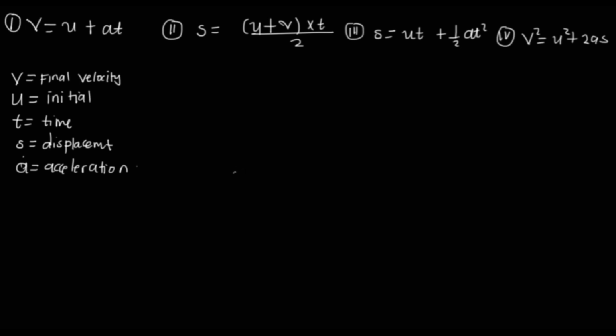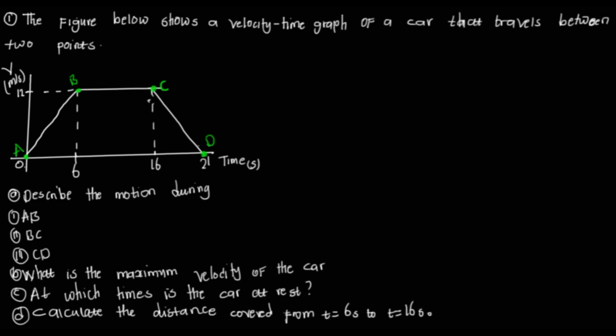These are the two conditions that we need to have in mind as long as we are dealing with these equations. Now let's look at the first example, where we are going to use the velocity time graph. The figure below shows a velocity time graph of a car that travels between 2 points. A velocity time graph has velocity on the y-axis and time on the x-axis.